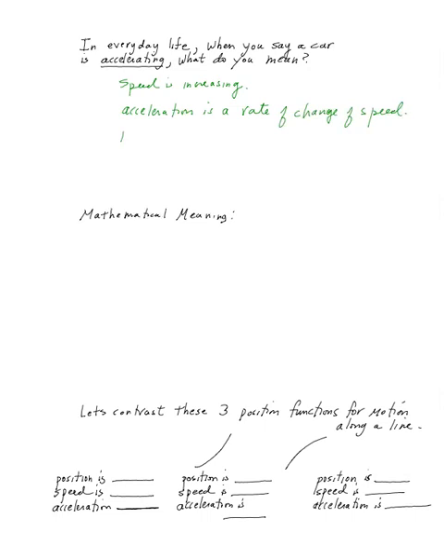The amount of acceleration is how fast the speed is increasing. The amount of deceleration is how fast the speed is decreasing.